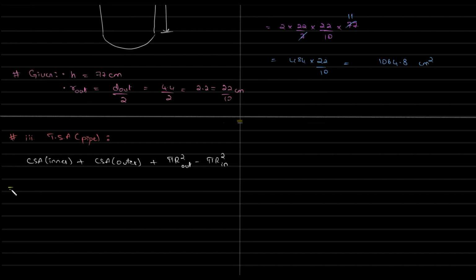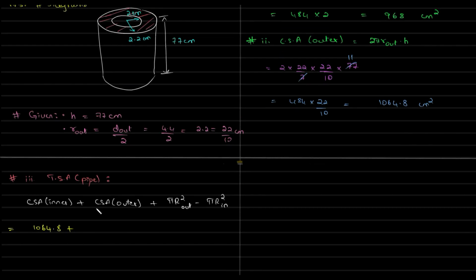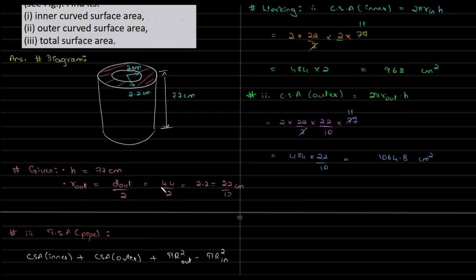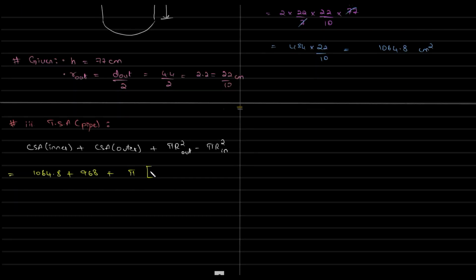And we have 1064.8 plus 968 plus, here pi is common and the radius r, outer is 22 by 10, inner is 2, square, close the bracket.